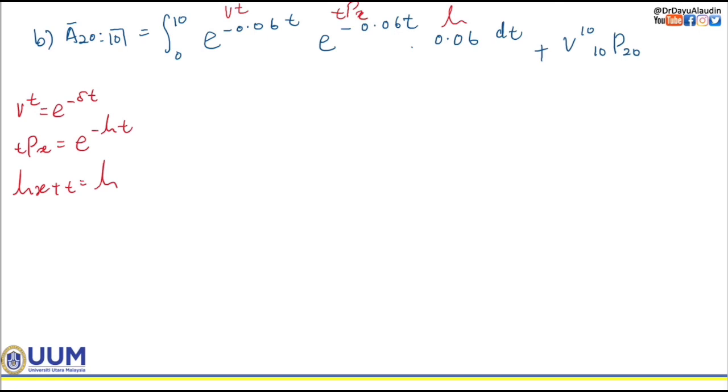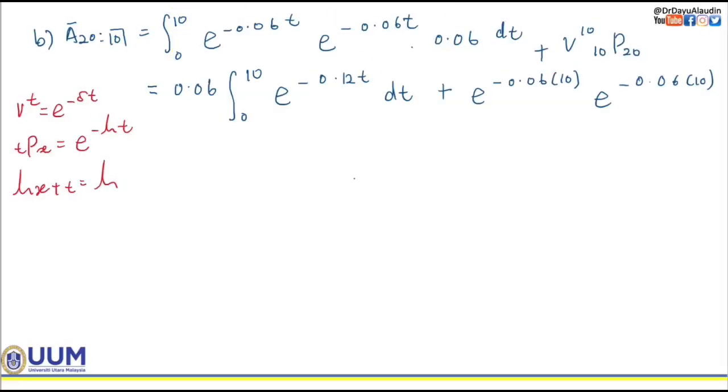Same as De Moivre's law, this is the endowment insurance, so we have two components: the death benefit where the death happens within n years, or the death happens after n years. So we have v^n and npx here. Then we substitute the values. v^n is e^(-delta t), where t is equal to 10.